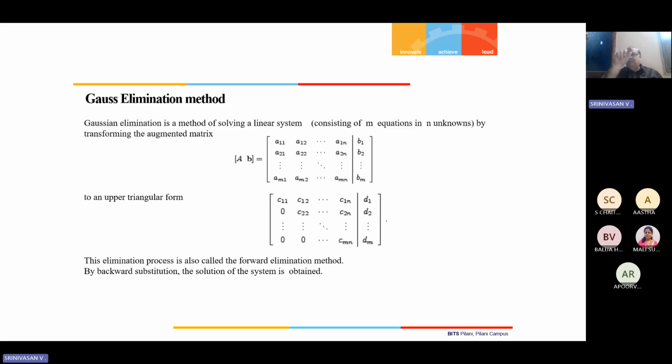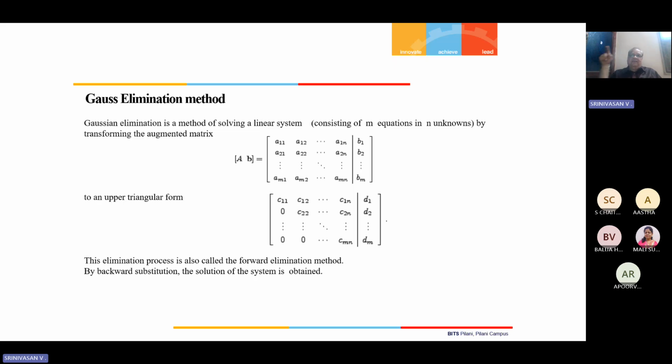You know very well the first row will be there as it is. As it is in the sense that, of course, it will undergo some transformations, but you will have all the entries in the first row. In the second row, the first column will be made to be 0, and you have c22, etc., c2n, some d2, etc. And in the last row, except the last column, all other elements are zeros, and you have the constant on the right hand side, say dm.